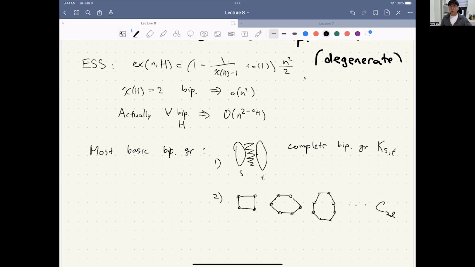We start with the simplest possible bipartite graph, which is this guy, the 4-cycle. And the 4-cycle actually is also a complete bipartite graph. You can think of a 4-cycle as a complete bipartite graph with 2 vertices on each side, right? So the 4-cycle is also K_{2,2}, that looks like this.